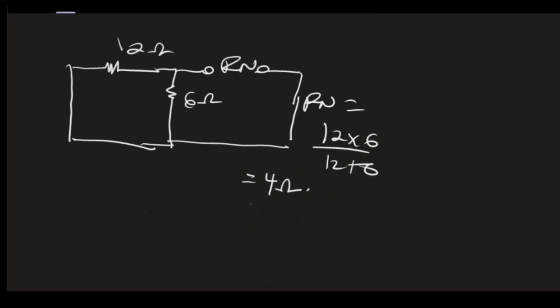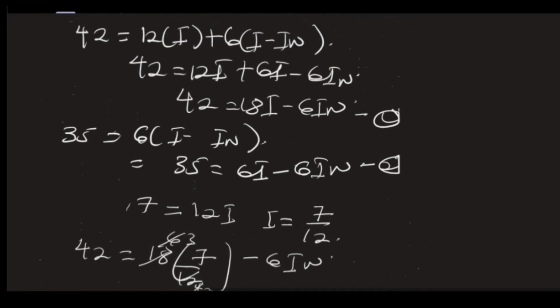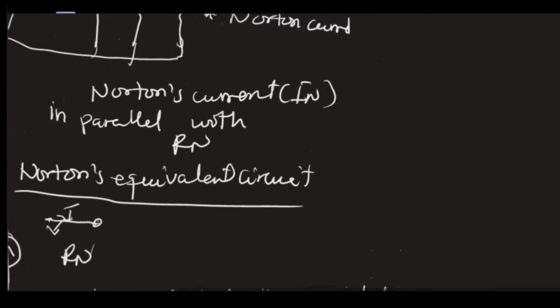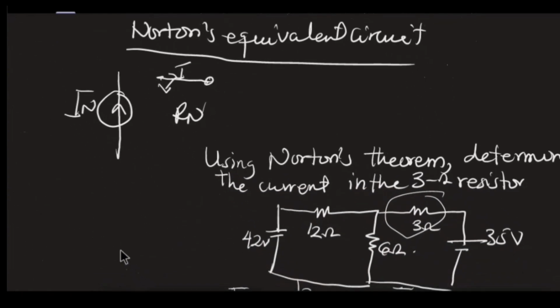So now let's come back to our equivalent circuit. The equivalent circuit is saying that we are going to have our IN, then we are going to have our RN. So let's see what we are going to do.